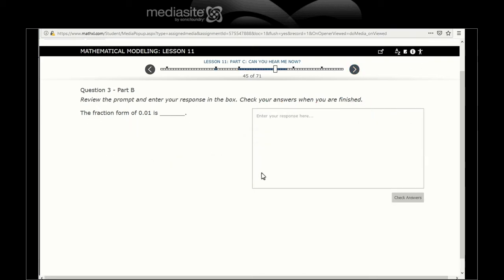Fraction form of 0.01. Again, 1/100th. So 1/100. Verbally, 1/100th.